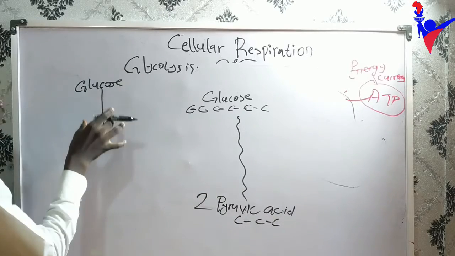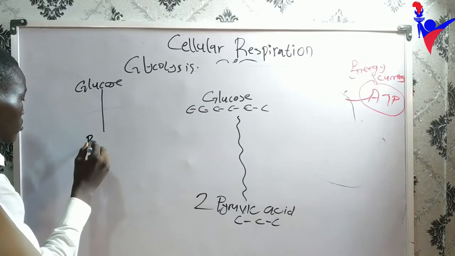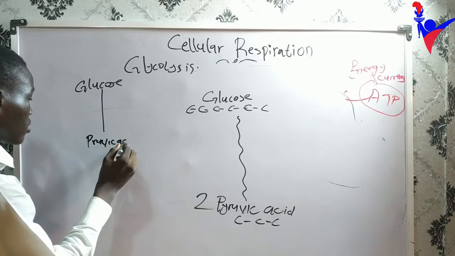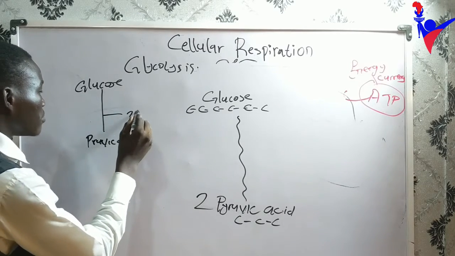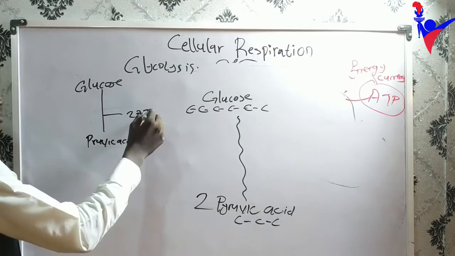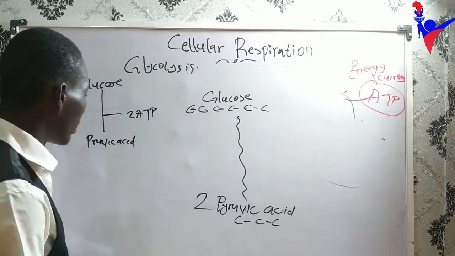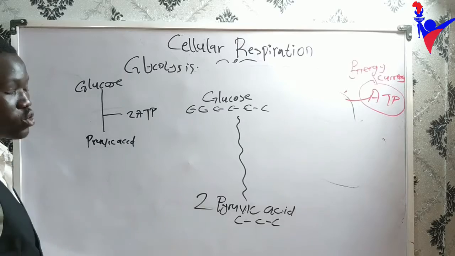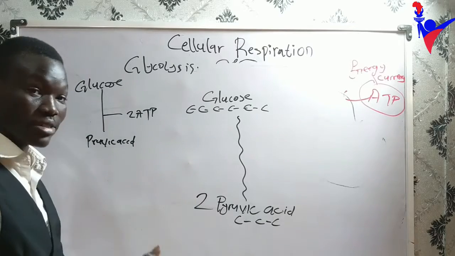But from glucose to pyruvic acid, we only have 2 ATP. The bulk of the ATP is formed when pyruvic acid is further broken down in another pathway, called the Krebs cycle.